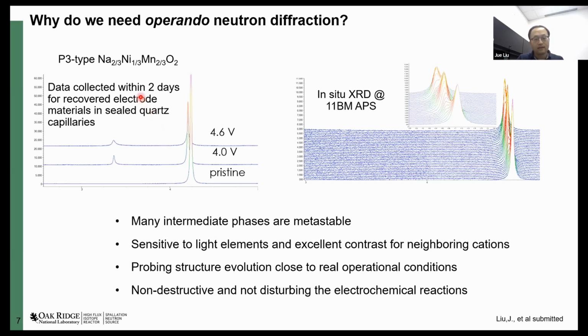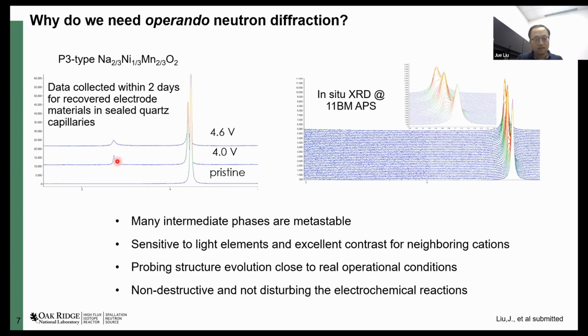It's a sodium-ion cathode, a layered cathode with two different elements on the transition metal layer, one nickel and one manganese. When we charge the material to high voltage, take sodium out, stop the battery, extract the electrode material, and characterize it, we notice some interesting structure changes.